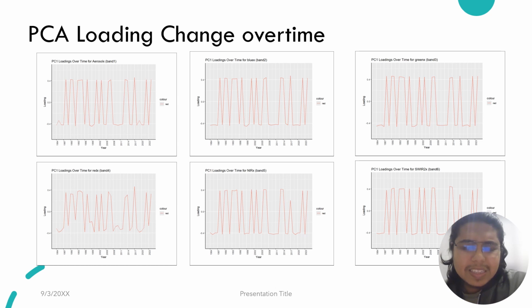There can be several reasons behind this change. It can be seasonality, land use change, or agricultural behavior change, where people can switch to crops that have much less chlorophyll than before. So there are lots of things.